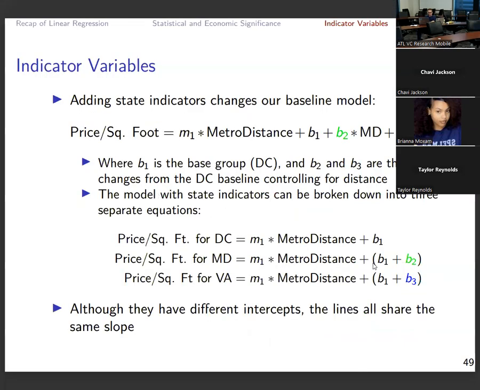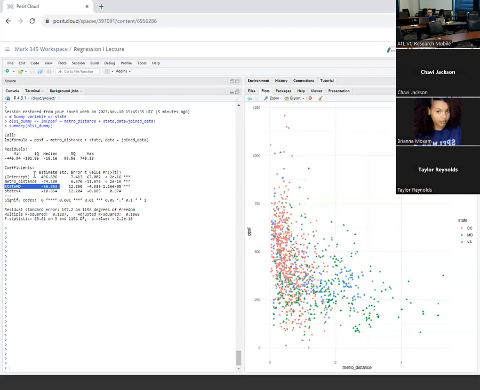And that's what this equation here is telling me. For Maryland, I'm taking the estimate of the intercept and the estimate for the indicator variable for Maryland, adding them together to then come up with what the average price per square footage is for a house in Maryland. Oh, okay. Makes sense. Does that make sense?